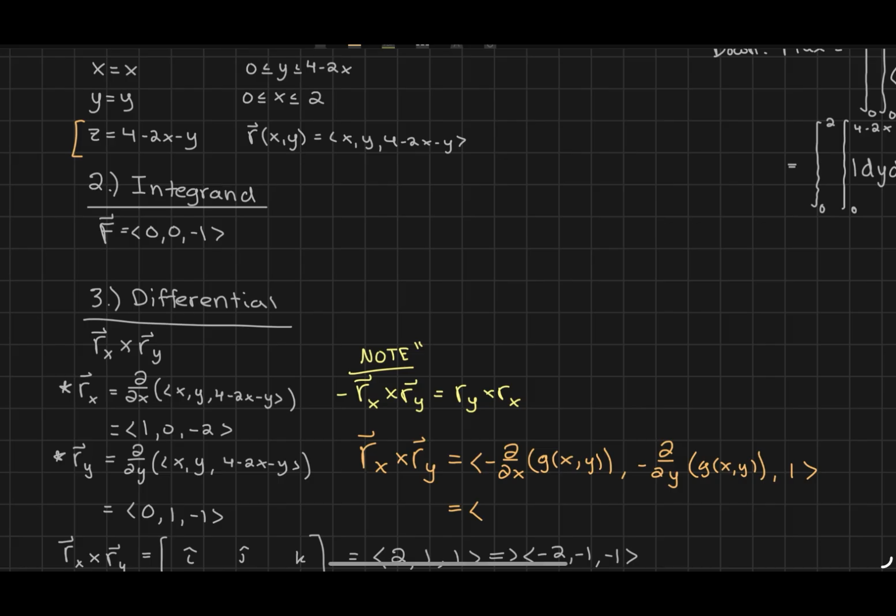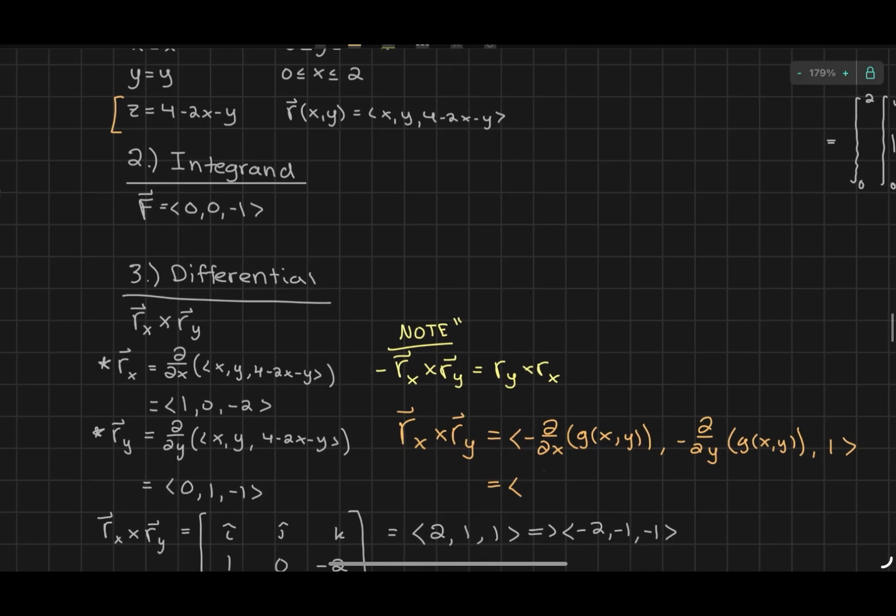So then our negative partial of that would be positive 2. And then similarly, our negative partial with respect to y of 4 minus 2x minus y is going to be negative 1, which would be 1. And then our z component would just be 1 right there.